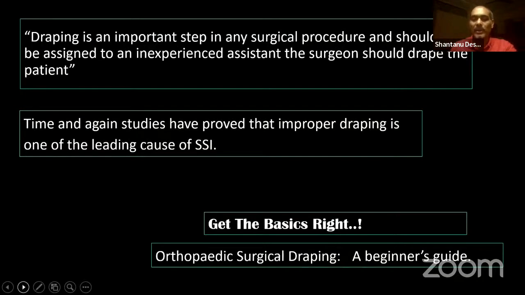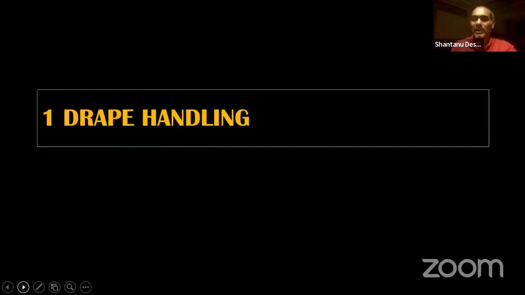And the most important thing for this is to get your basics right. Draping is a very important step in any surgical procedure, and time and again this has proven, especially in practical experience, that if it is not done right, you will struggle with proximal exposure in doing a hip or in trauma. So let's begin the chapters. The first and foremost is the drape handling.